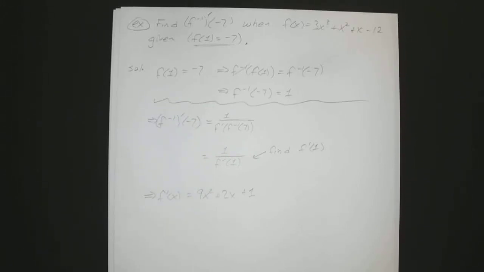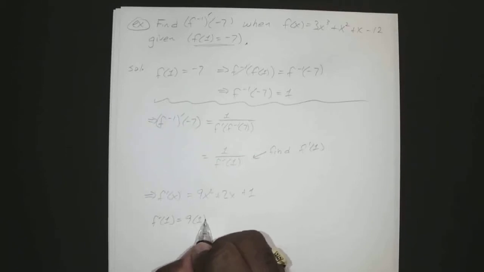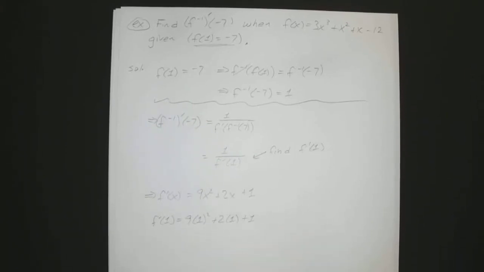Okay. So f prime of 1, we just go ahead and plug it in. 9 times 1 squared plus 2 times 1 plus 1. So 9 plus 2 plus 1. So that means f prime of 1 is going to equal 12.